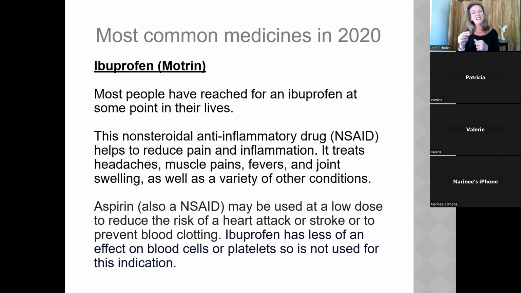Ibuprofen has less of an effect. Motrin, which is a different brand name, has less of an effect on the blood cells or platelets, and it's not really used for this purpose. So a baby aspirin is often taken once a day to help with blood clotting.